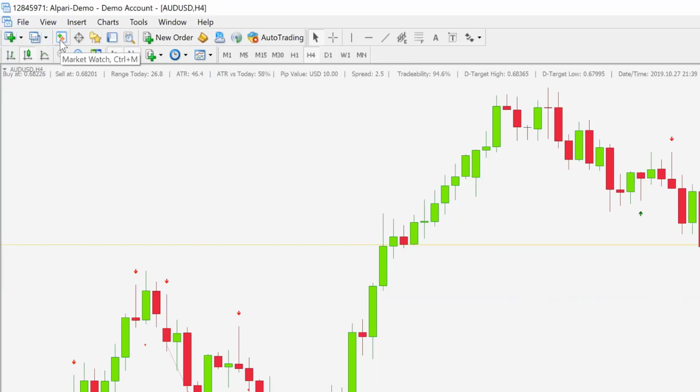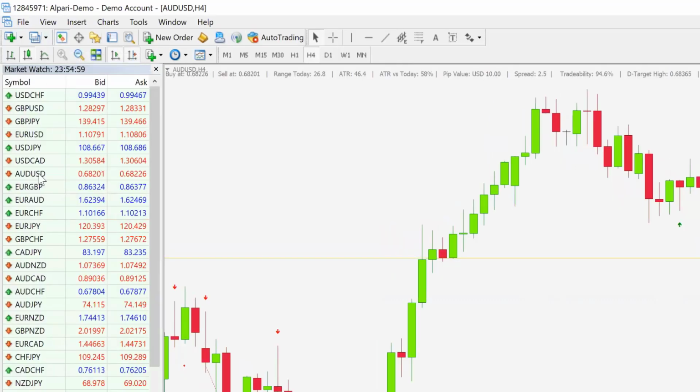You can calculate that manually in the market watch. 0.68226 minus 0.68201 is 0.00025, which is 2.5 pips. And up here, I make it easy for you to see it.